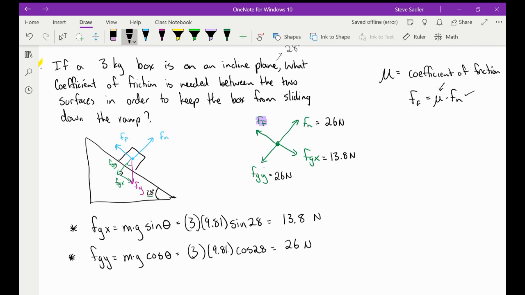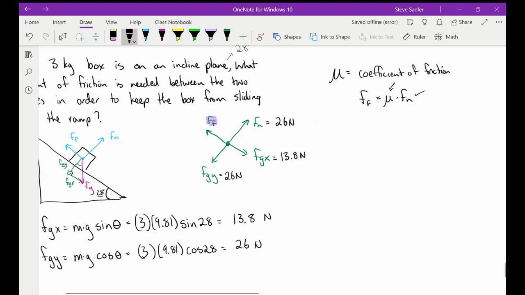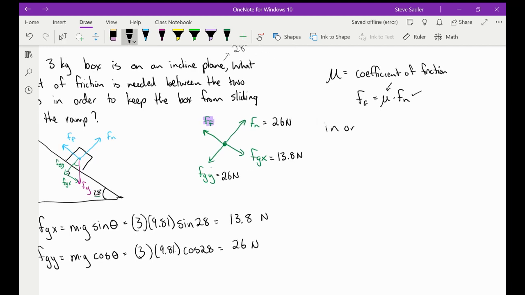Therefore, in order for the box to not accelerate, the force of friction has to equal force of gravity in the x, right? It has to be the same.